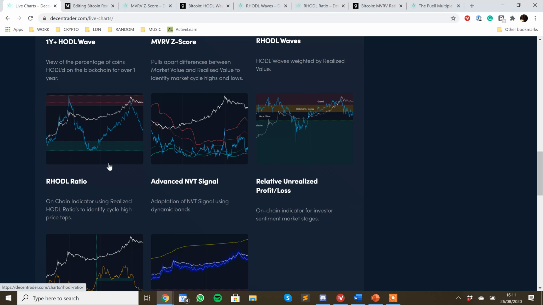The R-HODL ratio, I'll explain what that is in a minute. We'll walk through how the indicator works, and in doing that, we'll inevitably talk about a couple of general on-chain metrics. I'll then talk about how I think it's pretty killer in terms of being able to identify those highs for Bitcoin price.